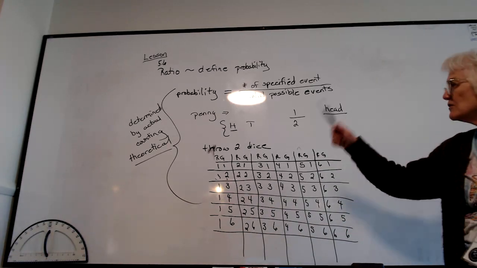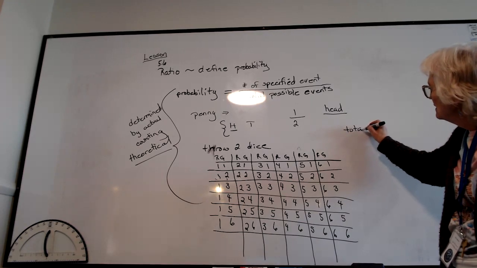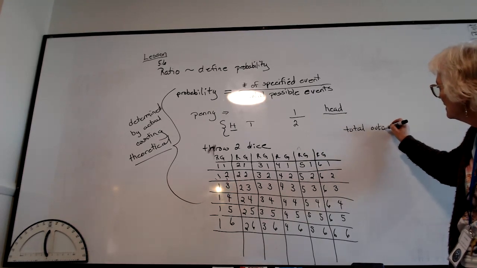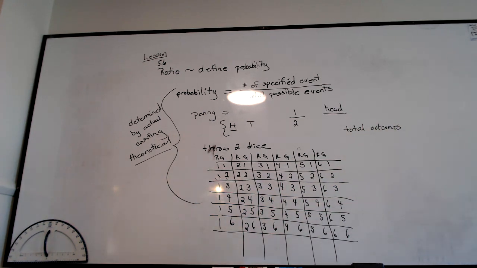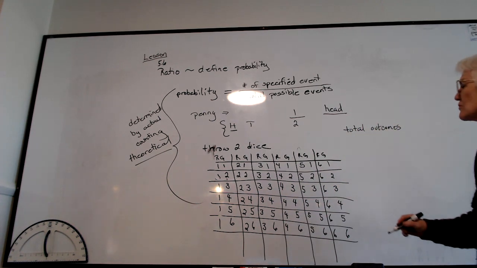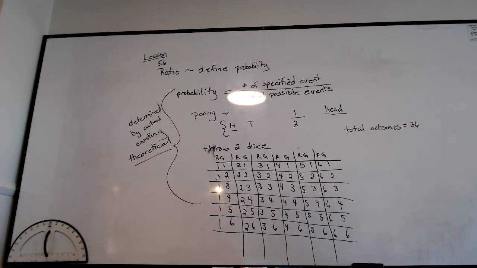How many total outcomes are there? There are 36 total outcomes, because if I count all those, there's 36.